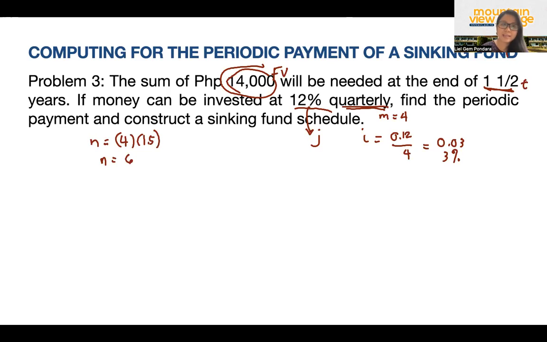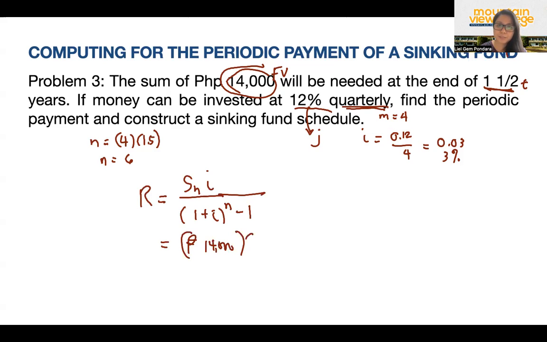Okay, now let us solve for the regular payment. That's given the future value over 1 plus I to the power of N minus 1. Our future value is 14,000 multiplied by 3% over 1 plus 3% to the power of N, 6 minus 1.